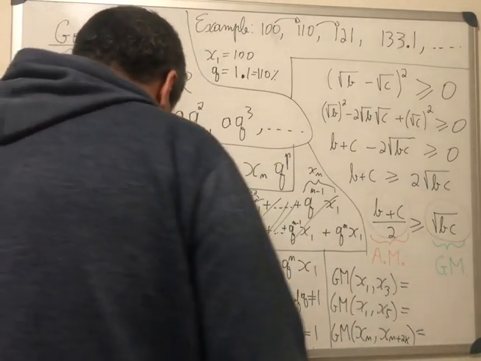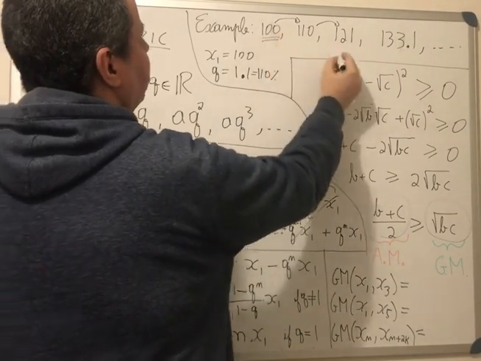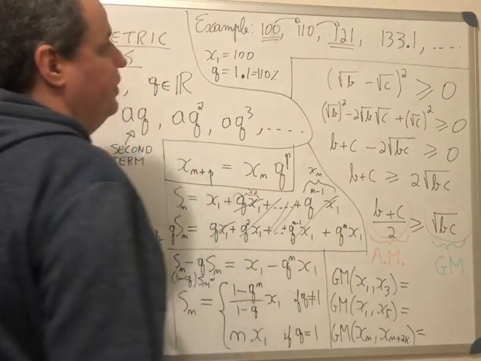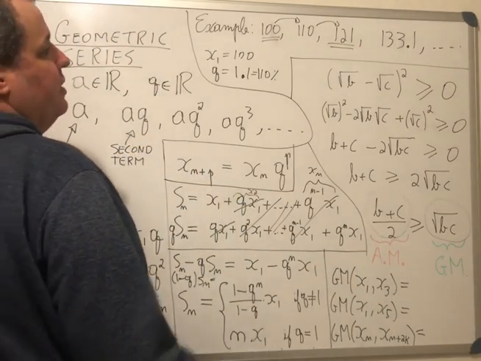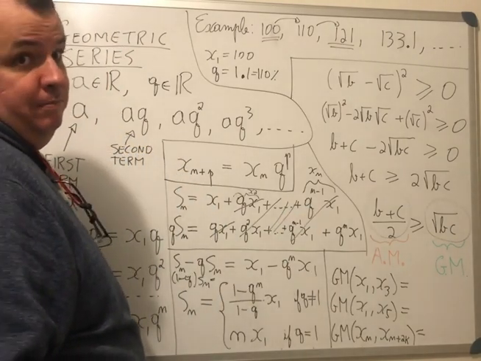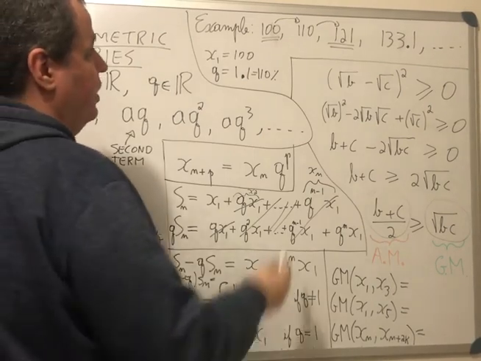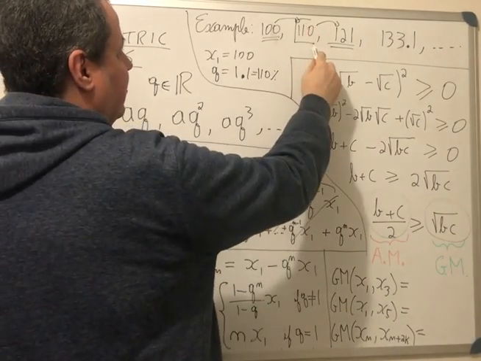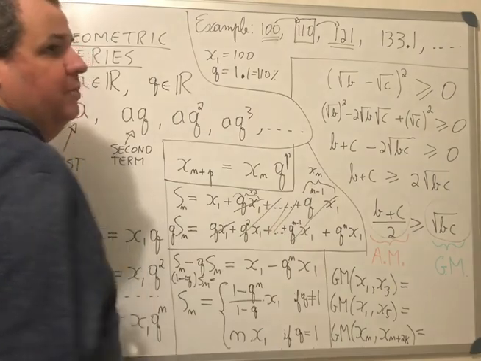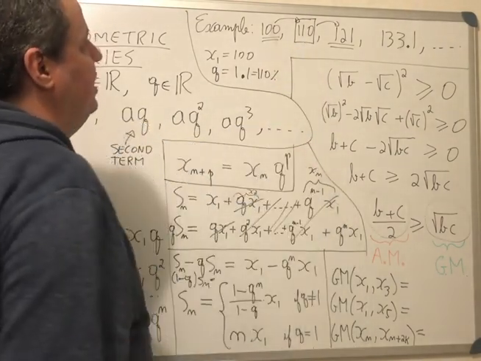So for instance, here, this is the first term of the sequence, this is the third term of the sequence. What's the geometric mean of 100 and 121? You multiply this by this, and you take the square root, and you find the number in the middle. Notice 110 is not the arithmetic mean.